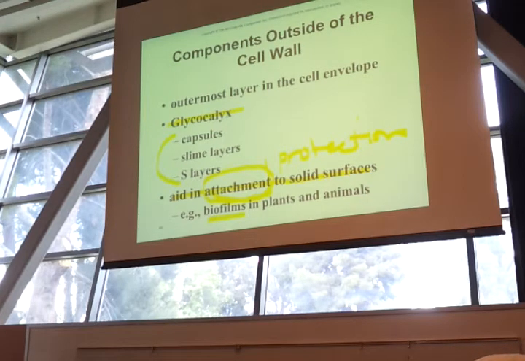Especially organisms that are living in a real world situation, where they're having to survive in something less perfect than a culture tube, where all the nutrients are there, all the moisture is there, and the temperature is just right. Organisms that are actually living outside of that kind of perfect environment might be utilizing energy for other things like an extensive glycocalyx.